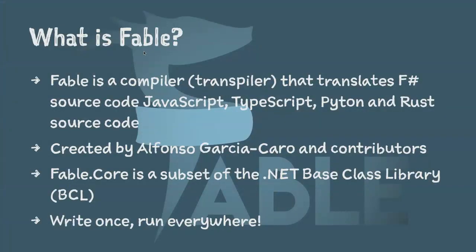If we look at what Fable is, Fable is a compiler or a transpiler, as we like to call it, that translates F# code to JavaScript, TypeScript, Python, and Rust. We say it transpiles because it translates code from one language to another on the same level.